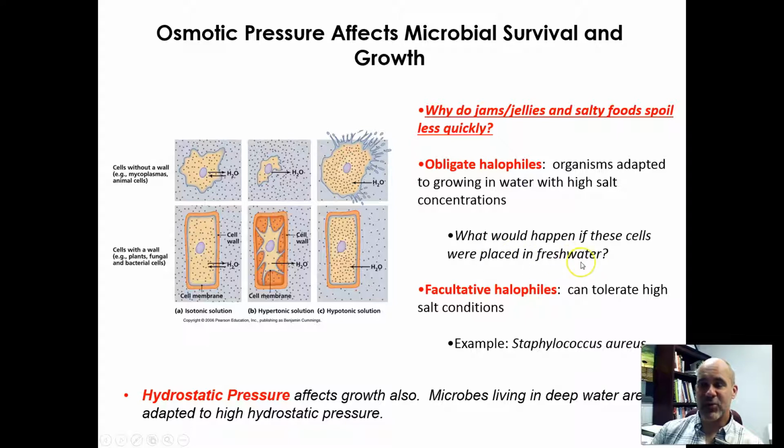If you put them in fresh water, solute concentrations are going to be too low, so that's going to be a hypotonic environment. And when a cell's in a hypotonic environment, remember the water's going to flow towards where you have more solutes. So there are going to be more solutes inside the cell. That's going to make that cell swell.